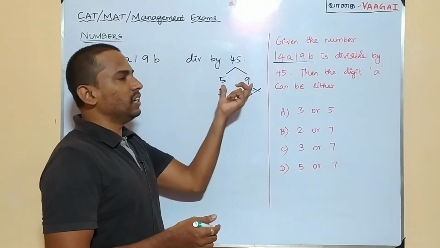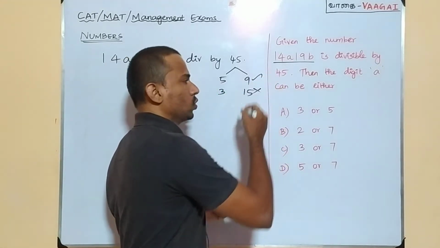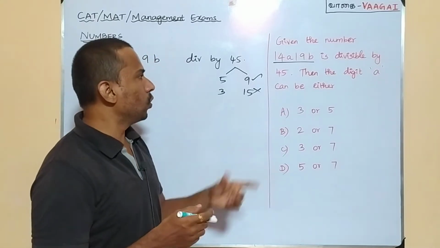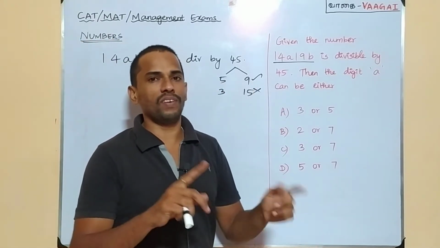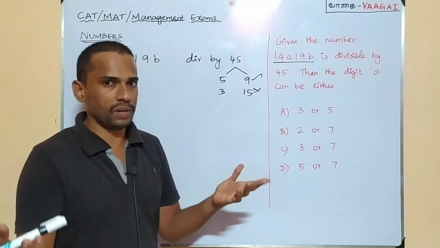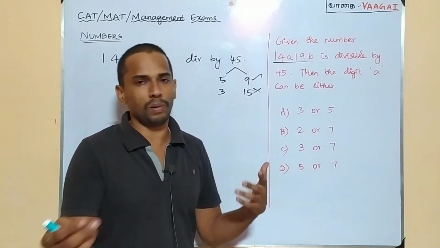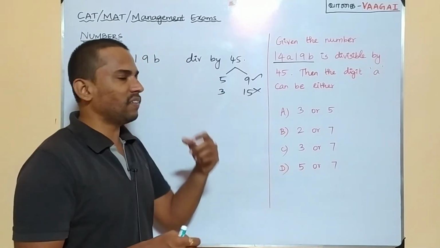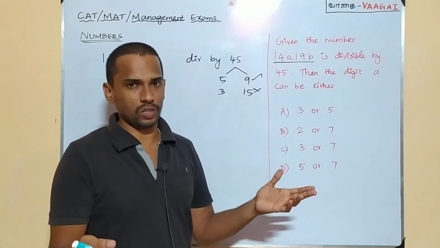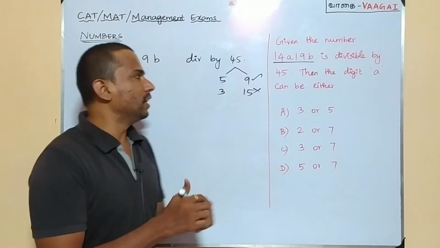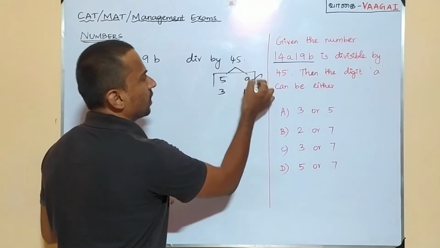Whereas the pair 5 into 9 is a perfect pair for us, okay? And you don't see any common factors between 5 and 9 except 1. 1 is going to be a default common factor for any numbers. So it is better to take this pair, 5 and 9.